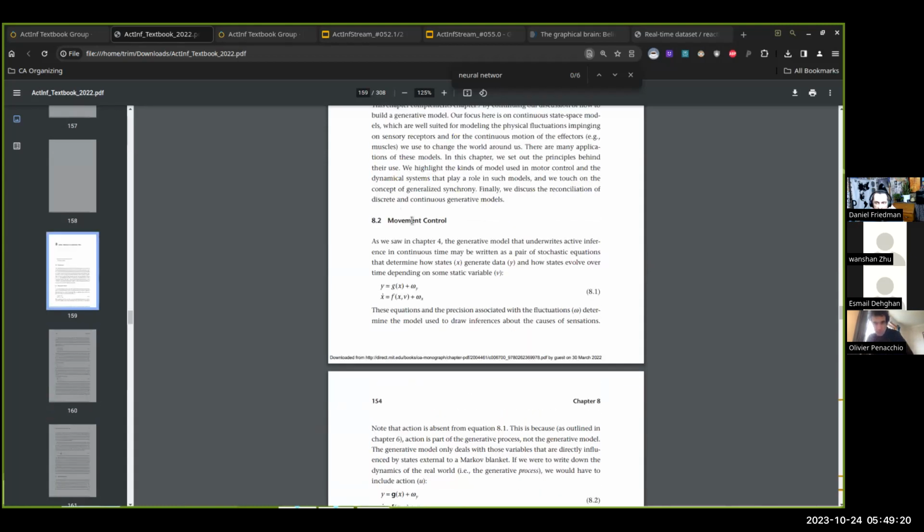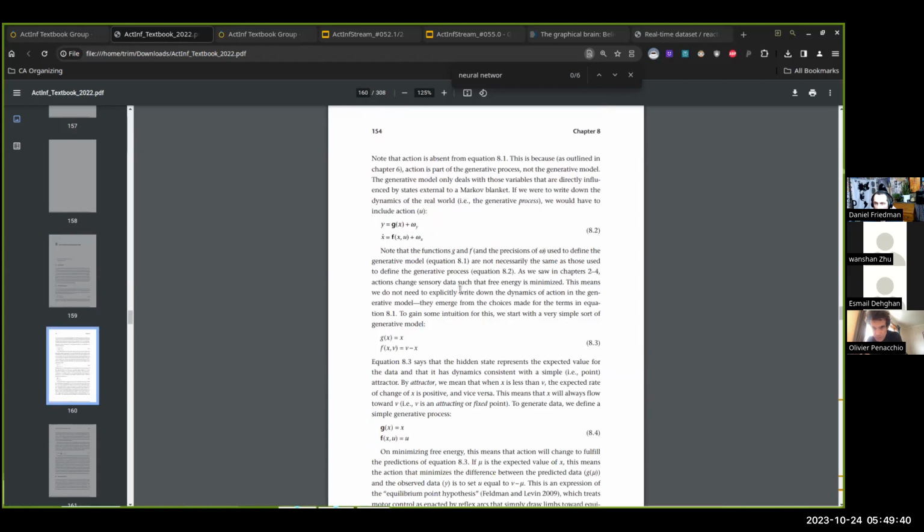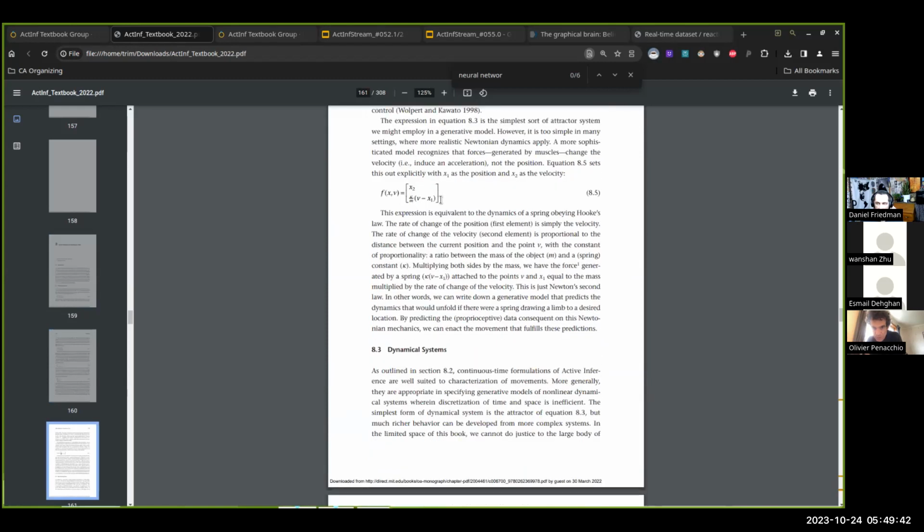Movement is a classic case of continuous time modeling: the analog, real-time, continuous nature of proprioception and actuation, so sensory motor control, is an absolutely classic setting for continuous time modeling.